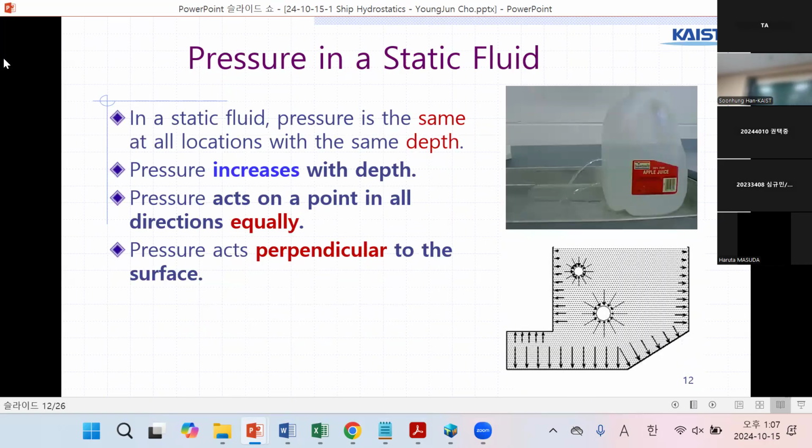And then let's discuss how pressure is applied in a static fluid. In a static fluid, pressure at any given depth is the same, and the pressure increases with depth. It is always applied perpendicular to the surface.